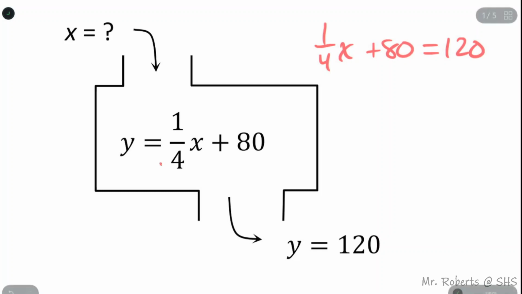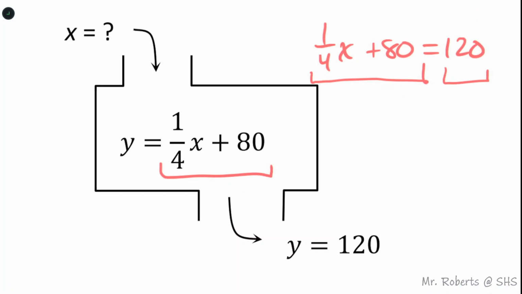Again, this is the definition of the output. When does this produce a value of 120? Well, solving for x is going to give me exactly that. So I can begin by subtracting 80 from each side. So I get that 1/4 times x is going to equal 40.